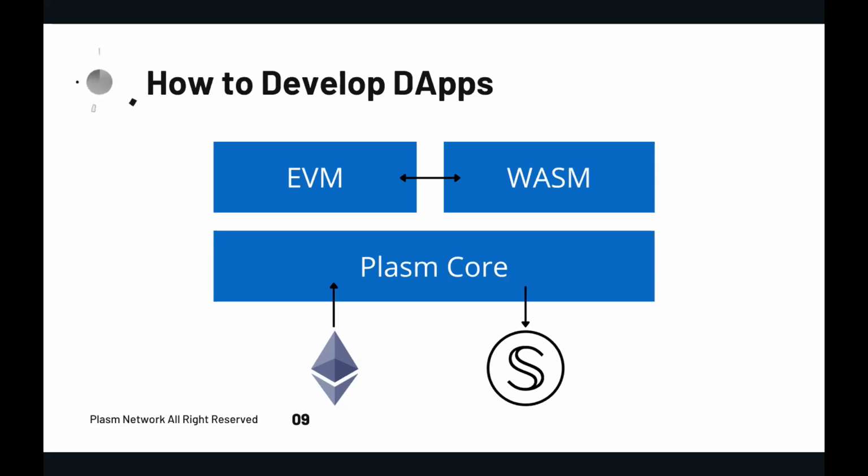We are also working on an Ethereum bridge right now. Once it's ready, you can use existing Ethereum dApps on top of Plasm Network without compromising interoperability. Plasm Network 1.0 will be a Polkadot testnet parachain, and Plasm Network 2.0 will be a multi-chain smart contract hub, which has a lot of bridges.